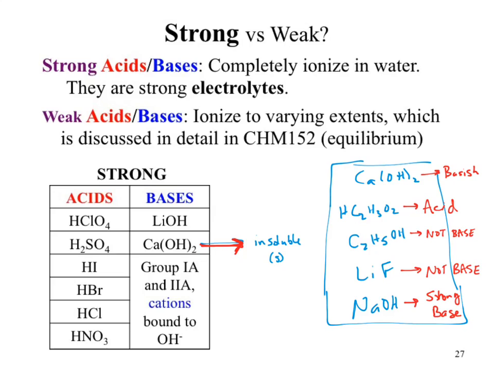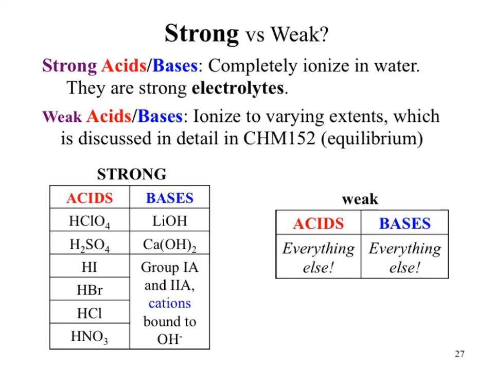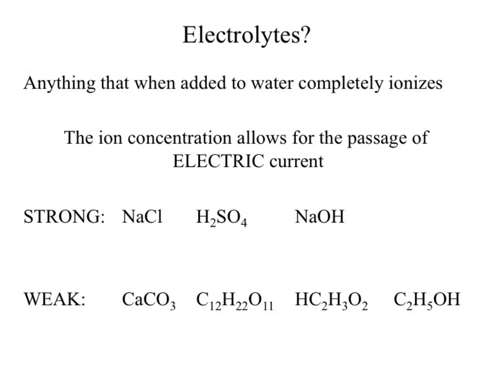All group 1As are strong bases. Group 2A, mostly strong bases. Okay? So the rule that we give you is if you see hydroxide with group 1 or group 2, it works. It's close, not perfect. Okay? So our weak acids and bases are everything else.